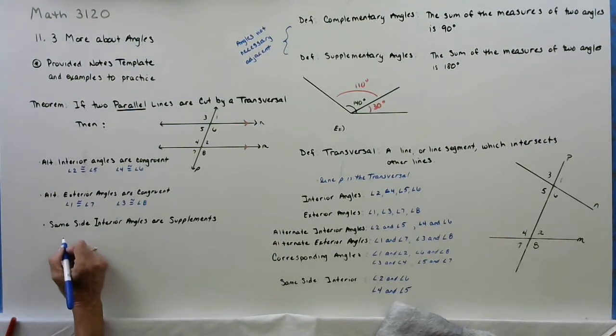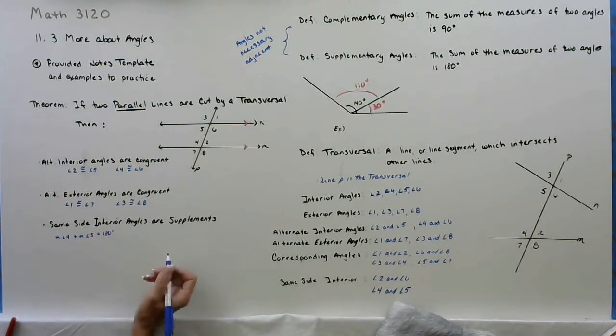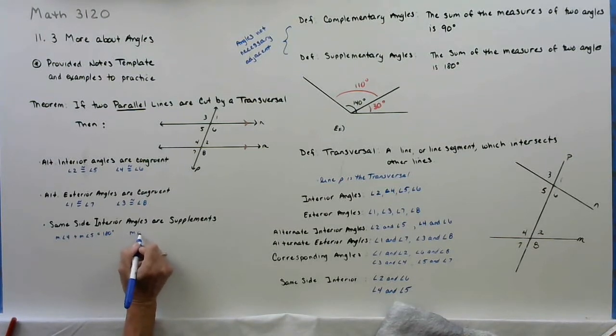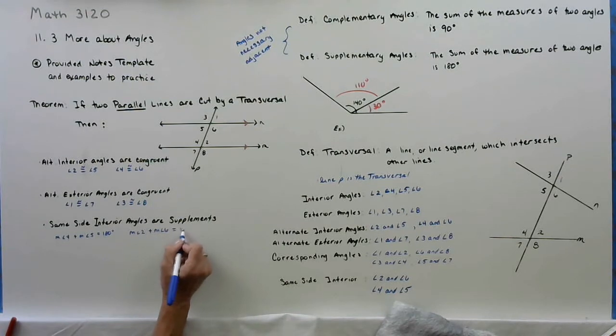So same side interior, that would be 5 and 4. So the measure of angle 4 plus the measure of angle 5, they're supplements, so they equal 180. Measure of angle 2 plus the measure of angle 6 are also 180.